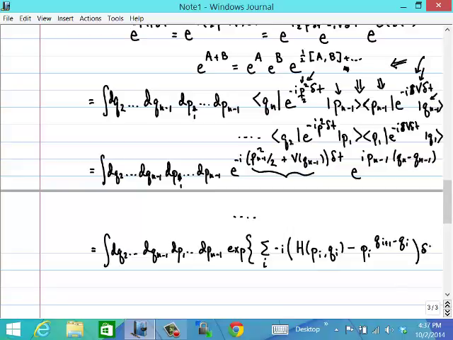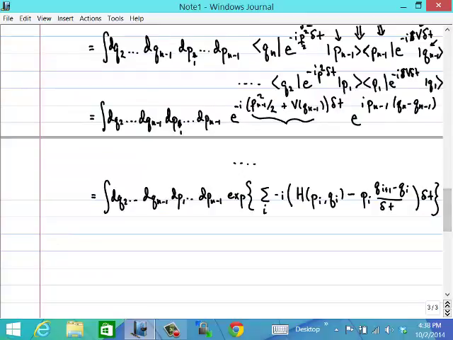And I'd like to pull out an overall delta t, so I'll just divide that by delta t. And now what I'd like to do is take the limit where delta t is going to 0. So this is just qi plus 1 minus qi over delta t. What is that? That, by the definition of the derivative, is just q dot.